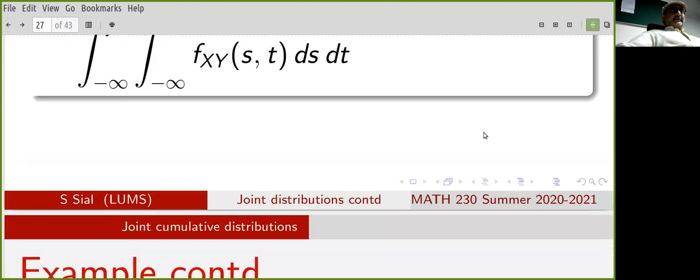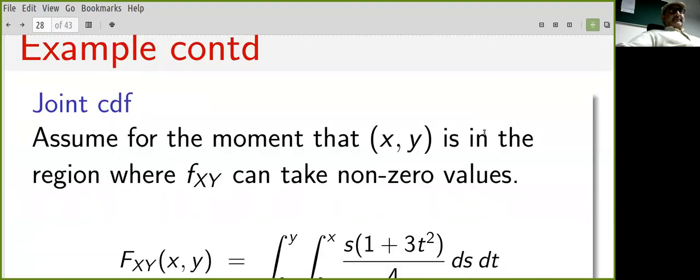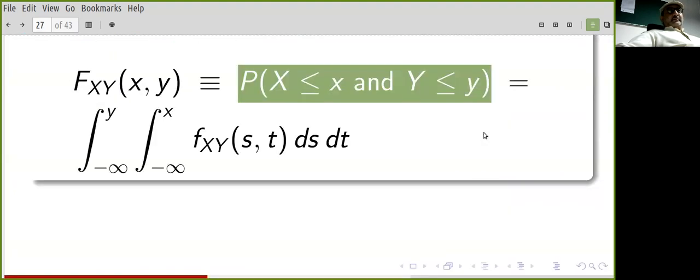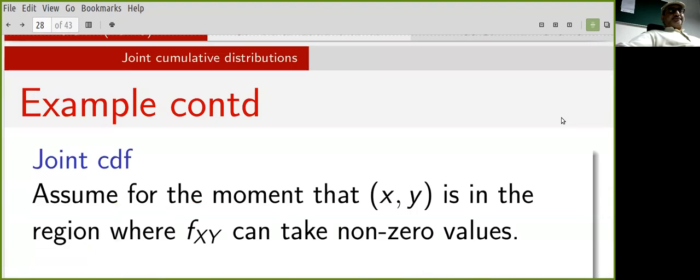Well, when you're integrating from minus infinity up to 0, you're getting zeros, right?